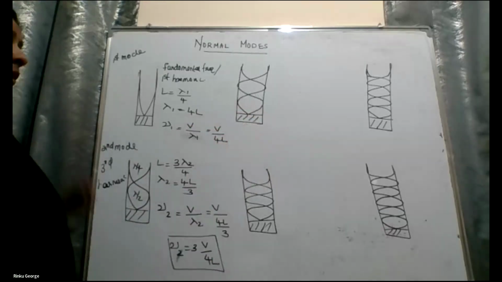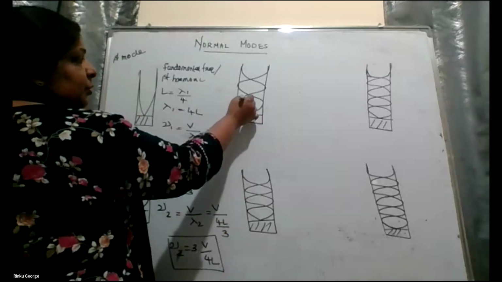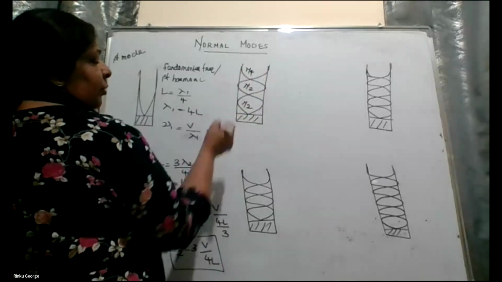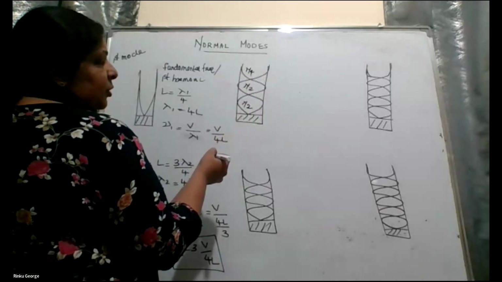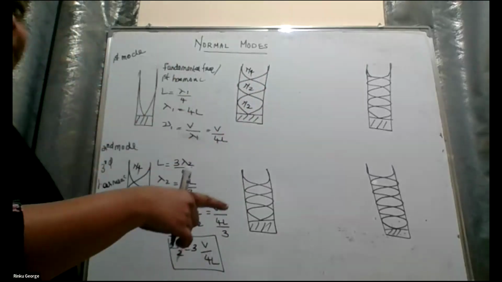Now do this also. Do the third one. So what will be L here? All of you tell me. This is lambda by 2. Akash, what is this lambda by 2? Lambda by 2 plus lambda by 2 plus lambda by 4. How much will it be? 5 lambda by 4.